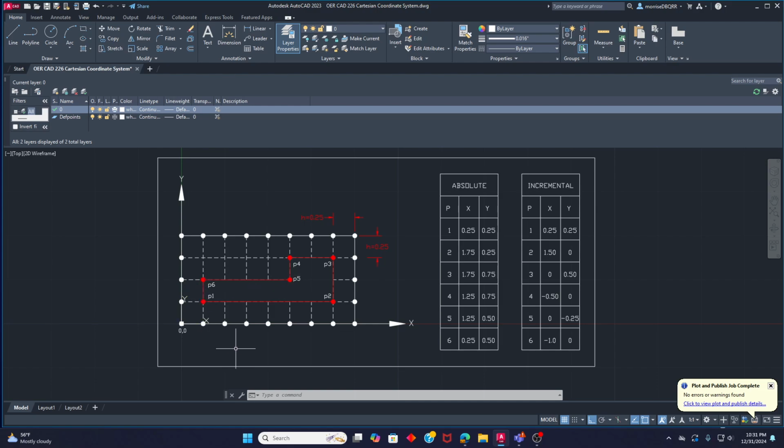All right, now that's the absolute. Everything is based on the origin. What about incremental? All right, so point 1 is a little bit different. You may not have seen something like this before, so you got to pay attention to this.